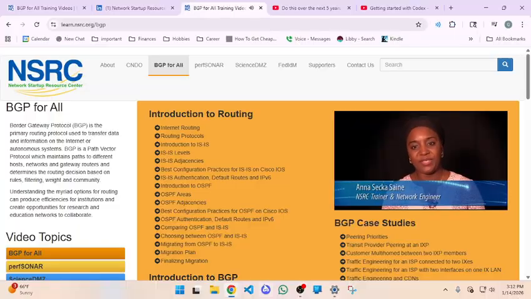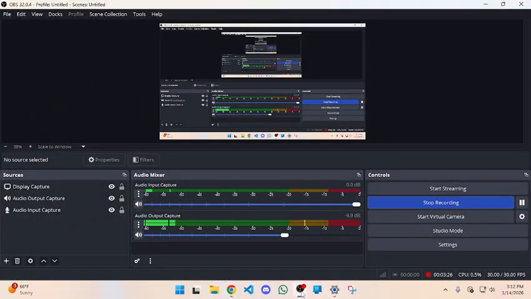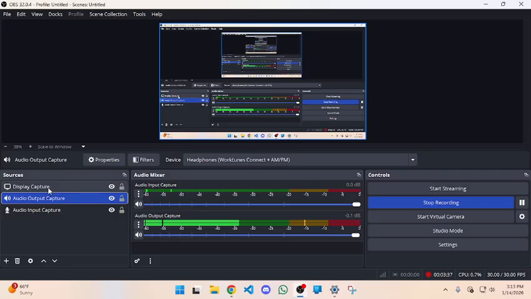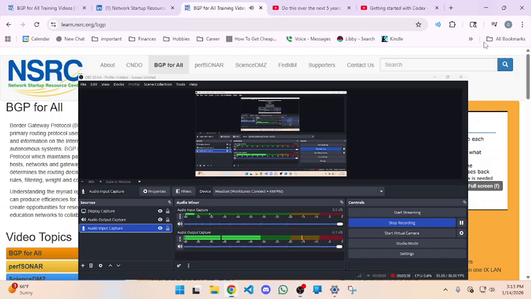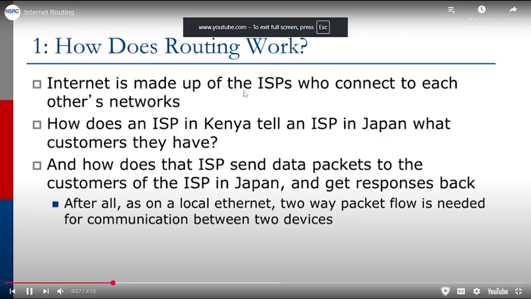The internet is basically made up of internet service providers known as ISPs who connect to each other's networks. How does an ISP in Kenya talk to an ISP in Japan? How does that ISP talk to customers of the ISP in Japan and get responses back? How is this any different from communication between two devices on local Ethernet?